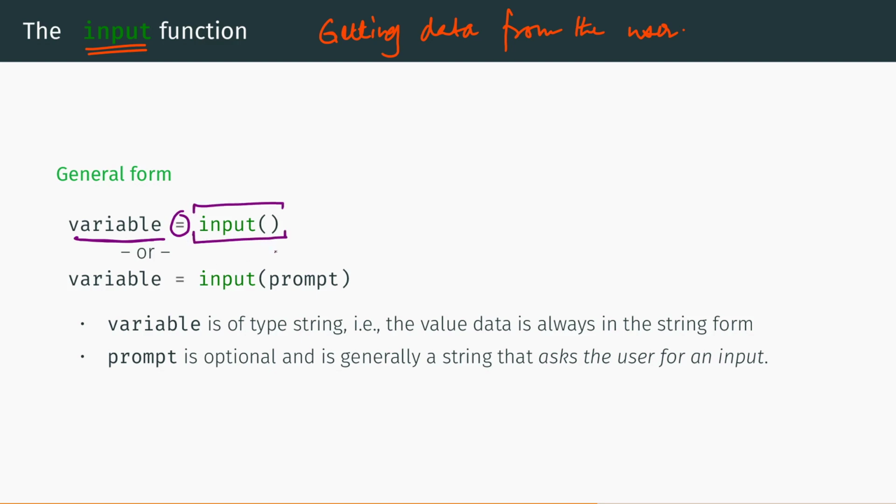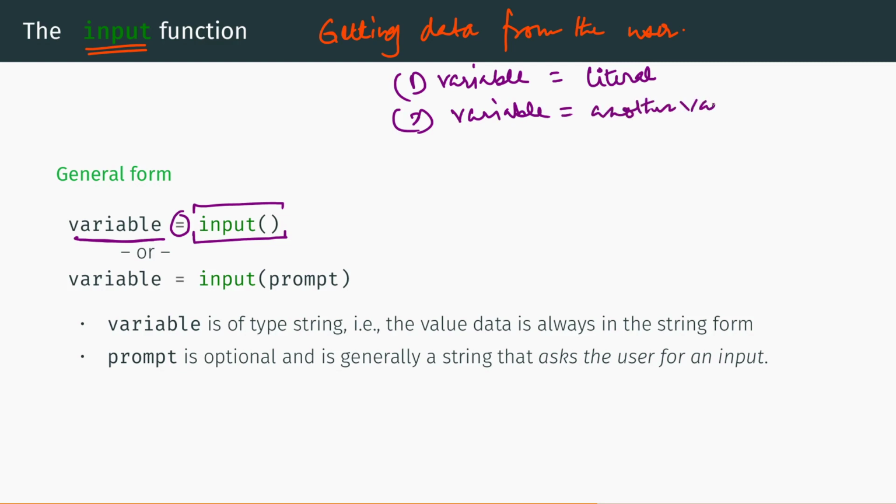Remember when we talked about variables and types, we said that the assignment has three forms. Number one is variable equals literal. Number two is variable equals another variable.